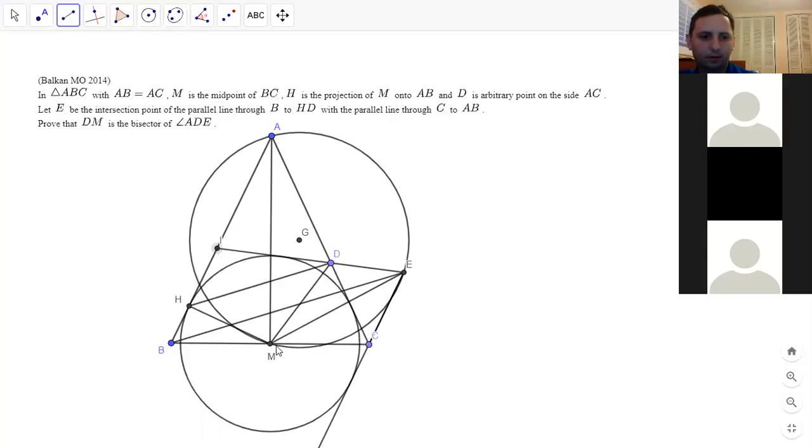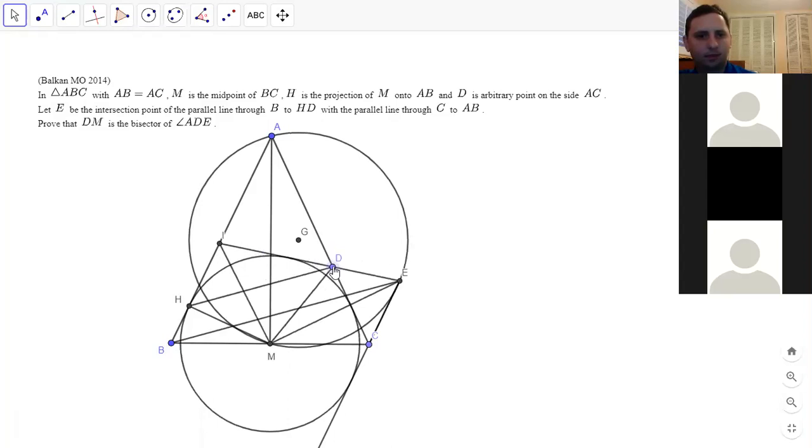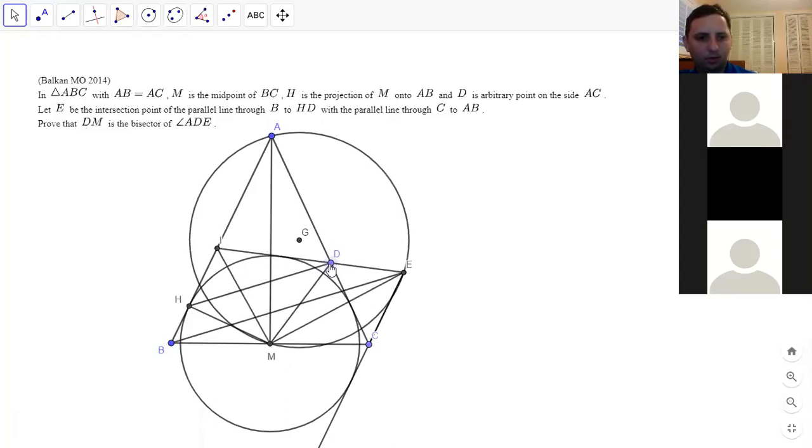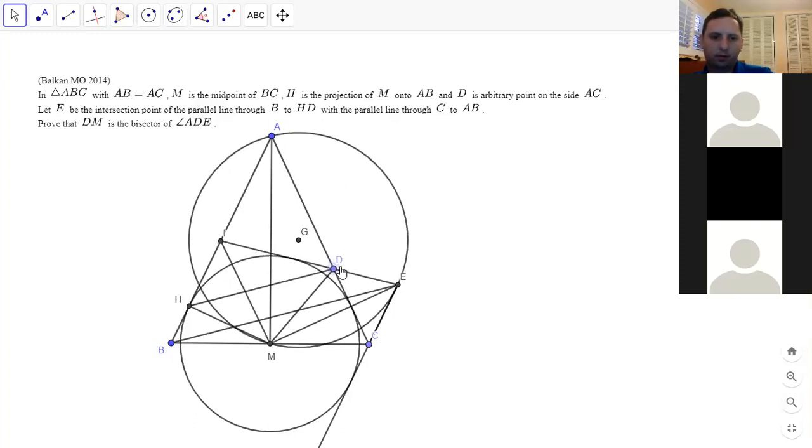Interesting. So if MI is perpendicular to ME, does that mean AIM is similar to EDM? No. We want MI and MD to be isogonal.